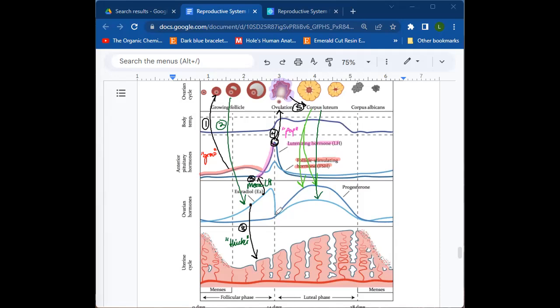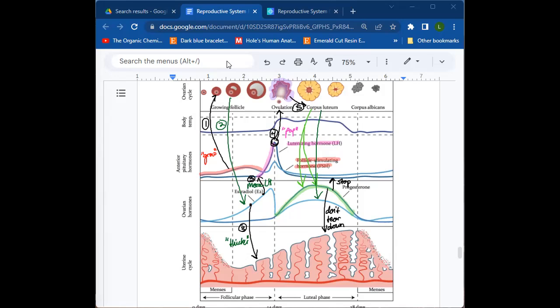Okay, so now we need to know that the progesterone does 2 things. It goes to the uterus and it says, don't tear anything down. And then also the progesterone is going to tell the anterior pituitary to stop releasing the LH and the FSH.